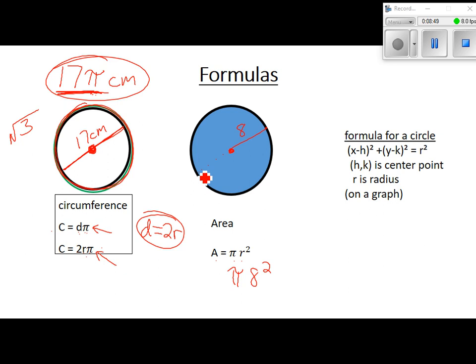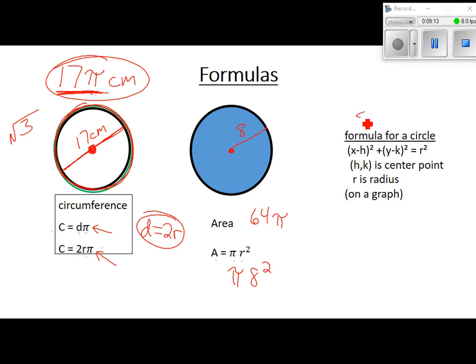It's 8 squared, so it's 64. If we wanted to leave it in terms of pi, we would just say 64 pi, instead of grabbing our calculator and rounding off the answer, making pi 3.14 or whatever.